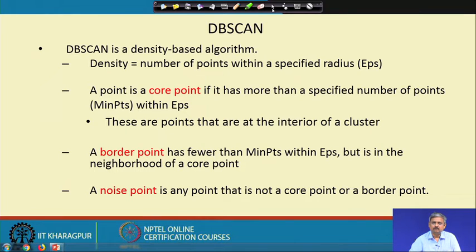A point will be called a core point if it has more than some minPts number of points within this epsilon radius. So, these are points interior to the cluster. And then you have border points which are not dense, but they are connected to other dense points, and the points which are neither core nor border, we call them noise or outliers.